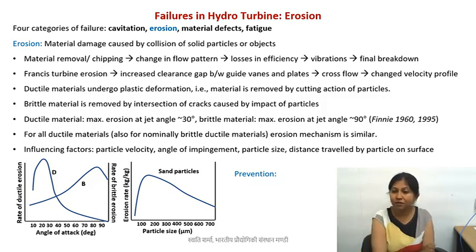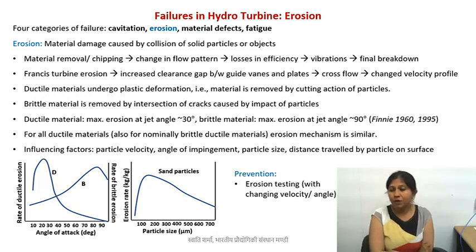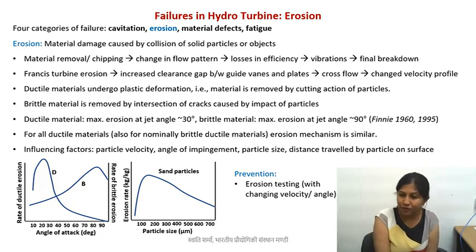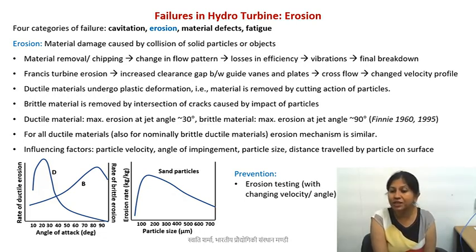Now that we know all of these things, let us think about how we can prevent our material surface from getting damaged. What is usually done is that after the manufacturing of the blade, you do some erosion testing. There is equipment available known as an erosion test rig. You can change the velocity of the particles, you can change the angle of the particles, and you can find out what is causing the maximum damage to your material surface.